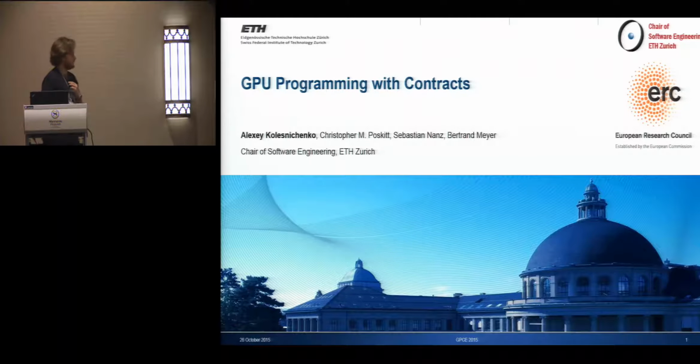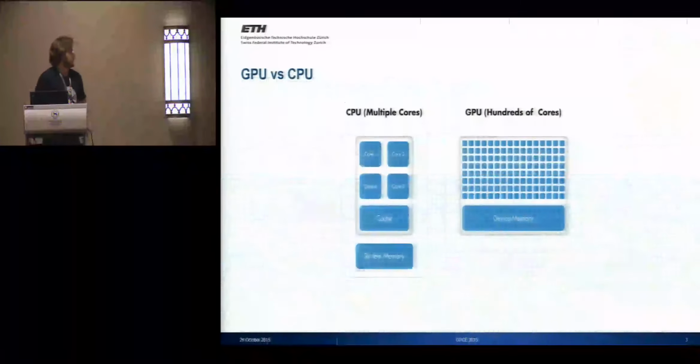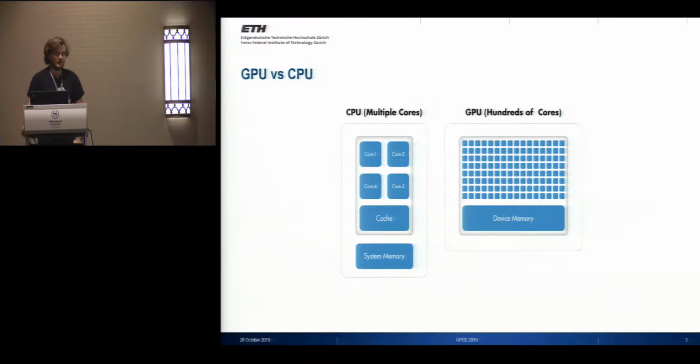Okay. I'm Alexey from ETH Zurich, and today I'm going to present you our work about GPU programming with contracts. These days, we have more than one option for choosing a computational device.